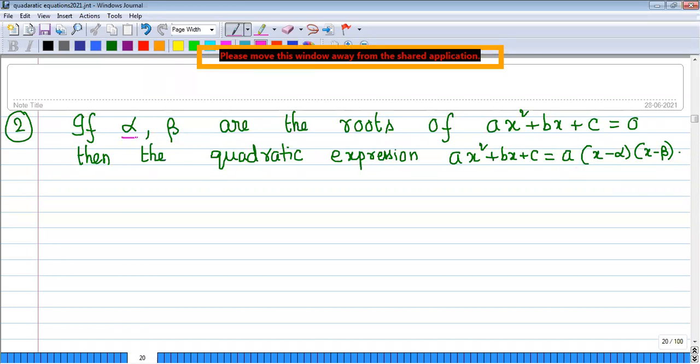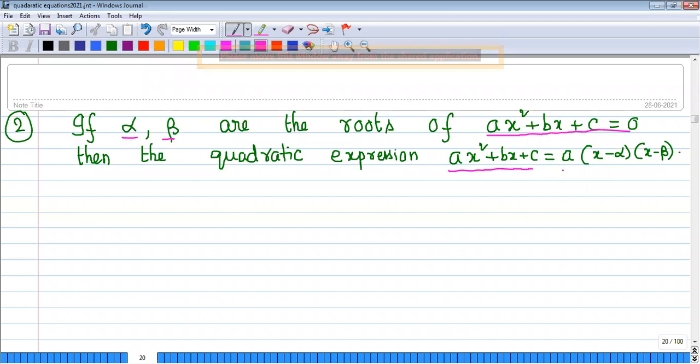If alpha, beta are the roots of ax square plus bx plus c equal to 0, then we need to prove that the quadratic expression ax square plus bx plus c is equal to a times x minus alpha into x minus beta. Okay, so now let us proceed with the proof.